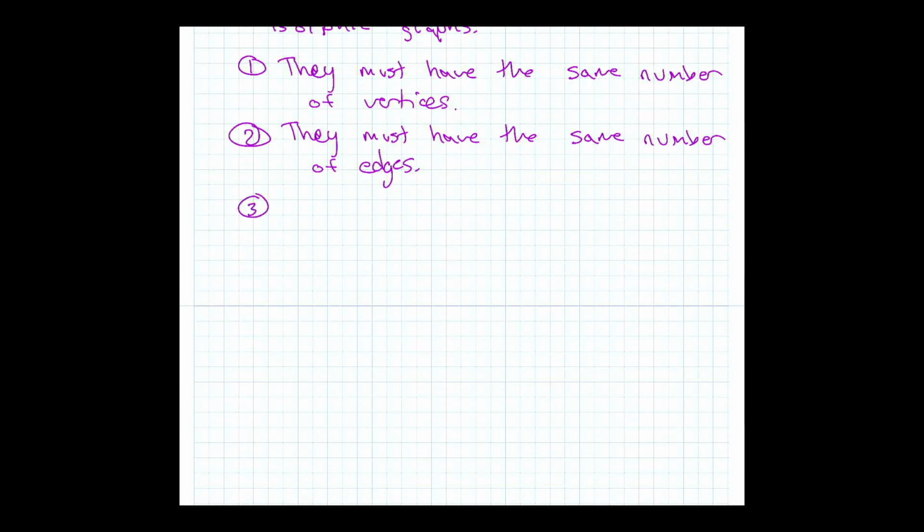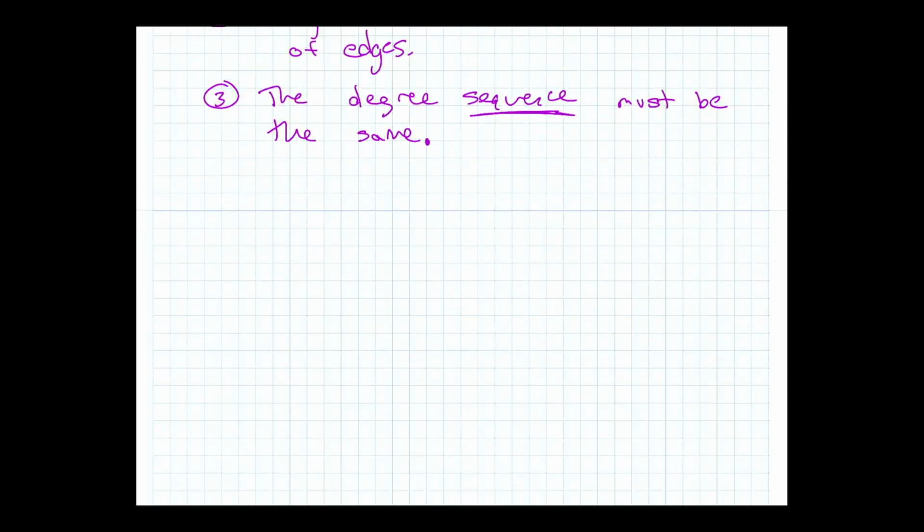What else? Also, what we call the degree sequence must be the same. So for example, if you write out the degrees of every vertex and write them in order, right?